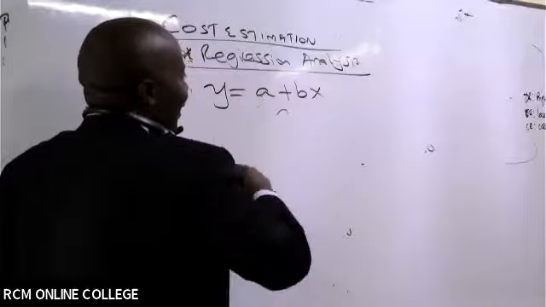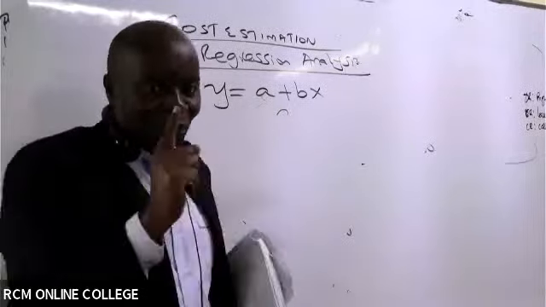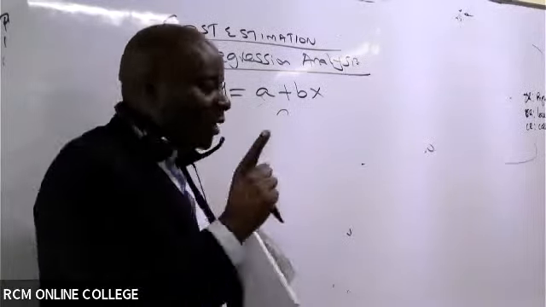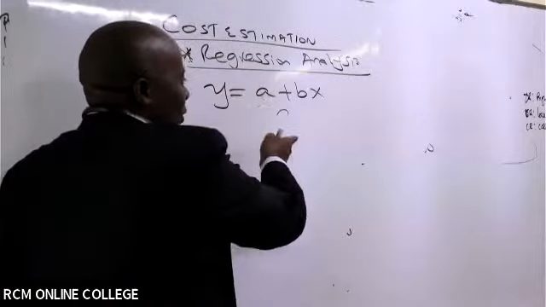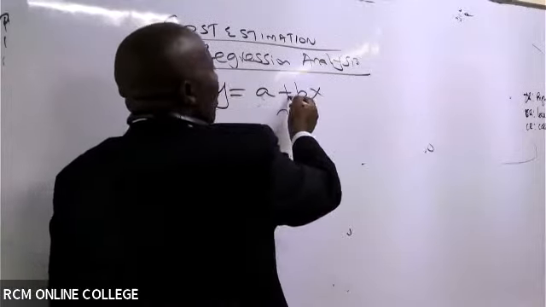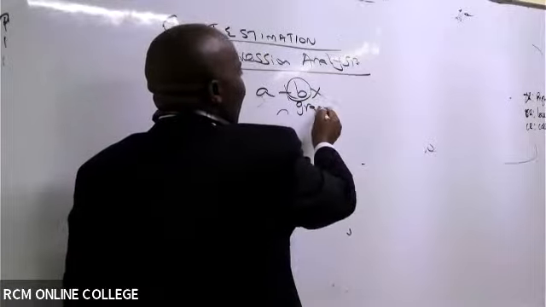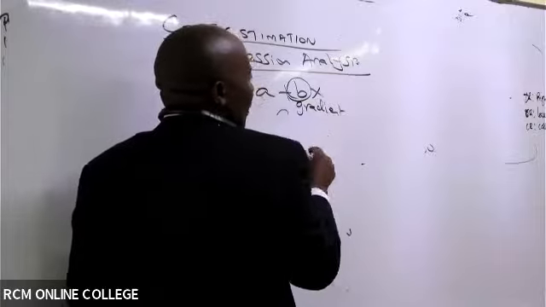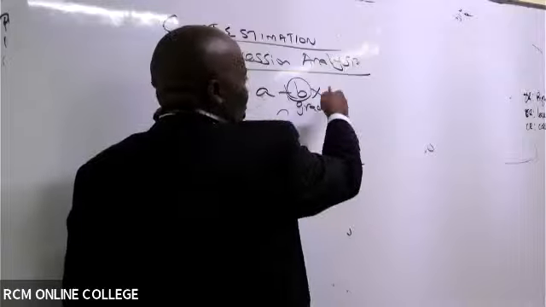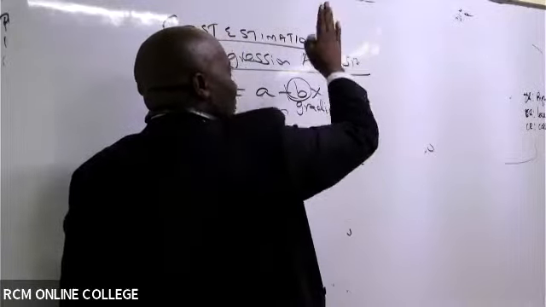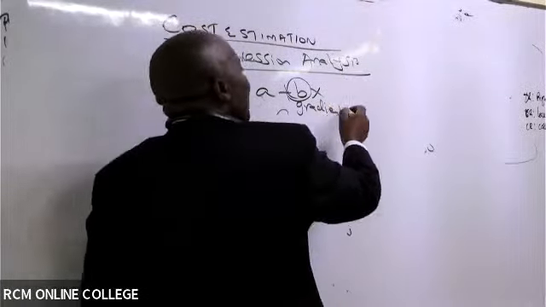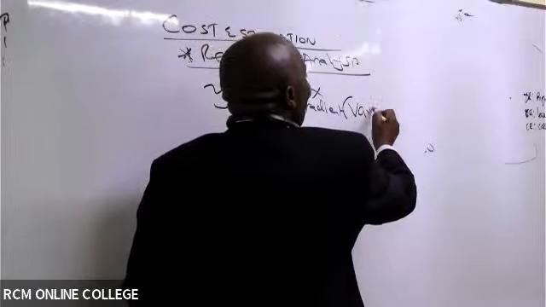For us here, constant costs will be fixed costs. And then, of course, b will be what we call the gradient. The more you produce, of course, we expect the gradient to be steeper. So this gradient basically for us will be variable cost.